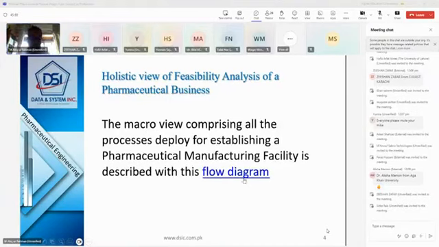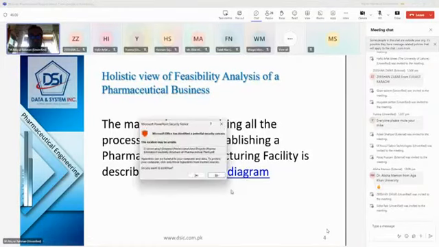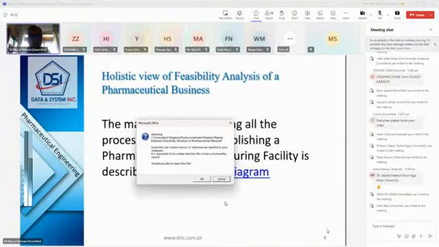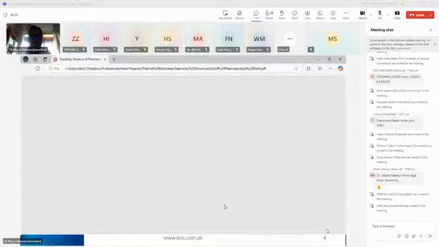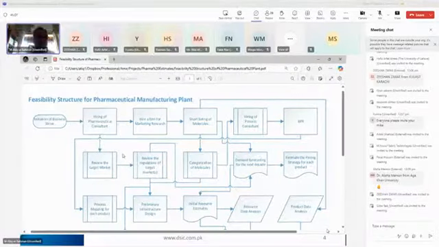So you can very well imagine how much effort you are going to put in while investing in pharmaceutical plants. So I'm showing you the process flow diagram. This is a typical process flow diagram.